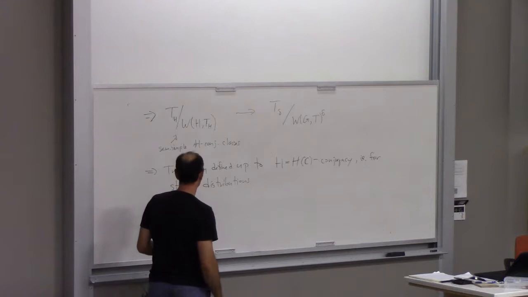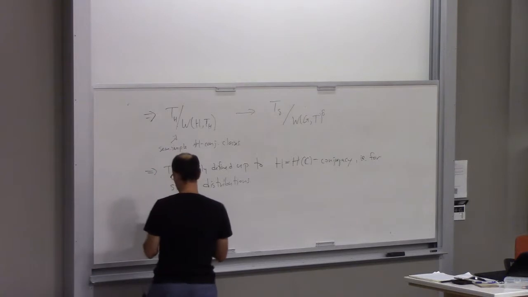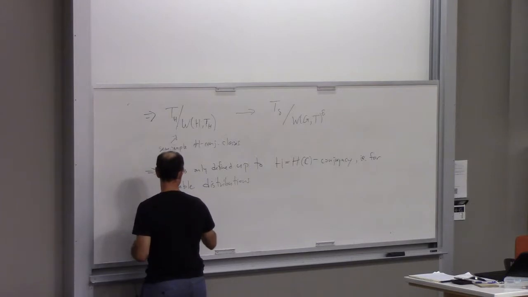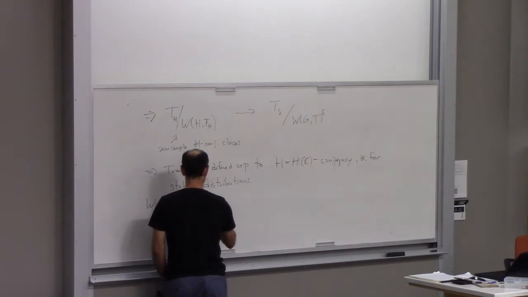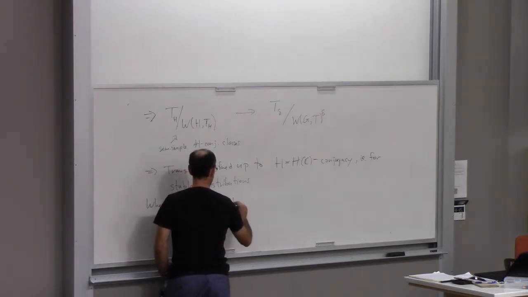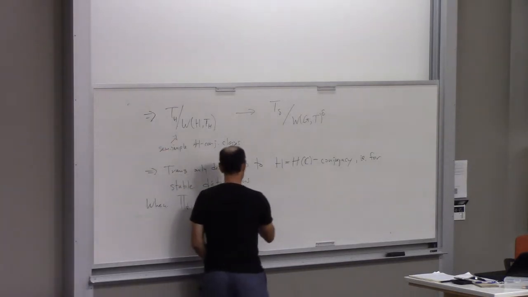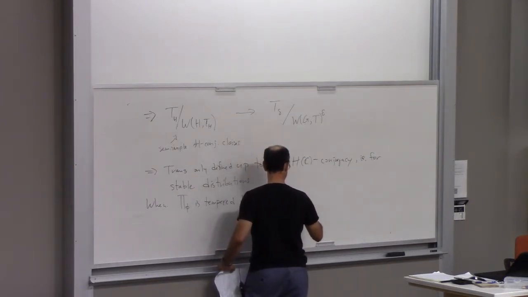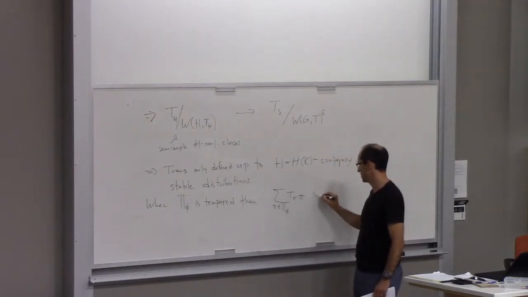Okay, so we're looking for stable distributions coming from packets, right? And if you look back to the original diagram, if the L packet is tempered, and by that I mean that all the representations of these are tempered, then this sum, I'll write the characters like this, trace of pi, for pi in the packet, is stable.